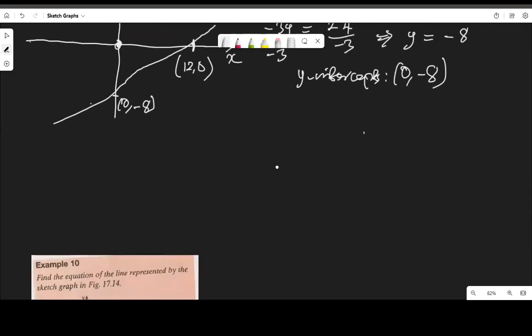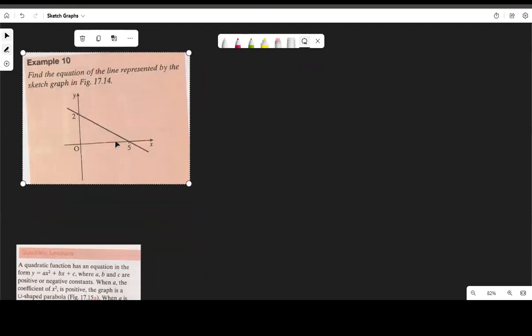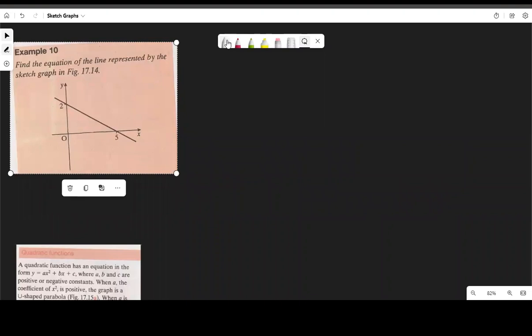The second one is: find the equation of the line represented by the sketch in figure 17.14. This is figure 17.14. So we have to find the equation of the line in this case. Now, since this is a straight line, I know that the equation of a straight line is given by y = mx + c.